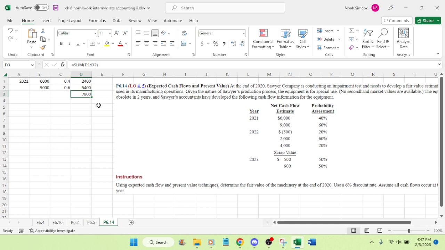So that's the estimated amount for 2021. 2022 is negative 500 times 0.2. Then we have 2,000 times 0.6, and then we have 4,000 times 0.2.